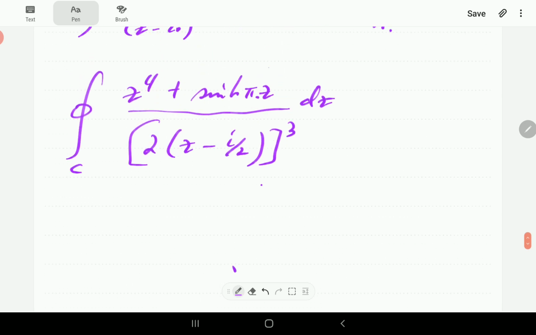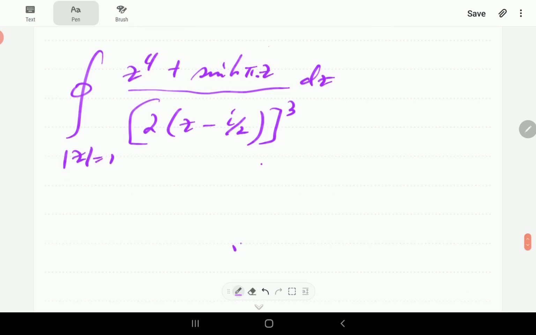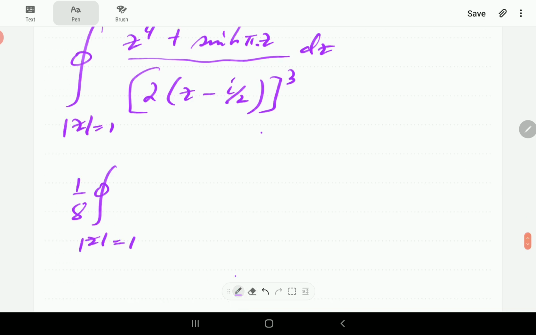Then the contour here is just the unit circle. If you take out the 2 outside the square brackets, it's going to be 2 cubed. So mod z equals 1.